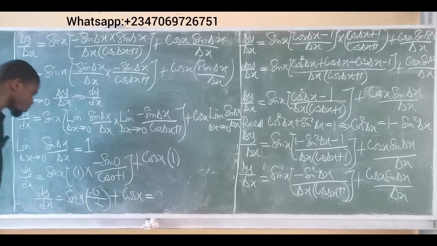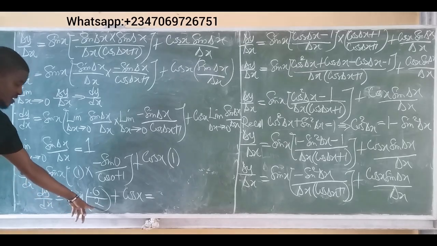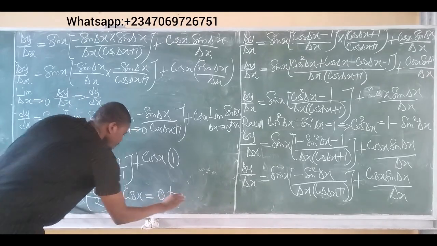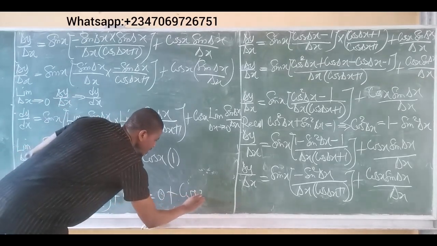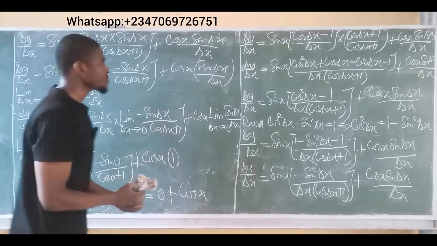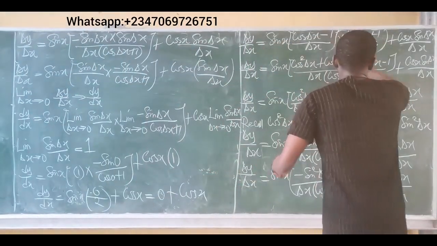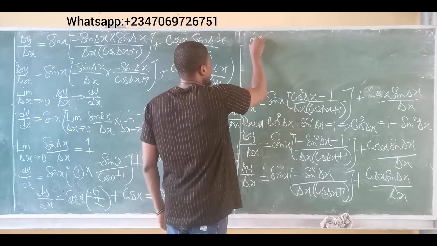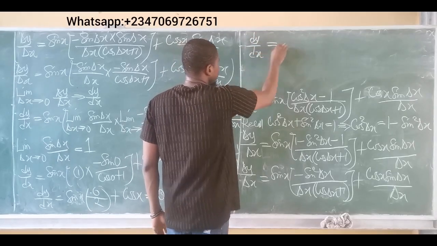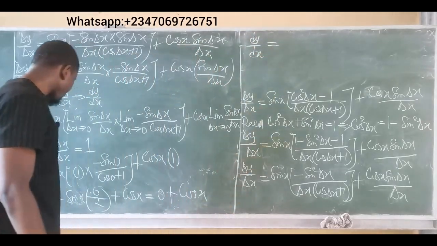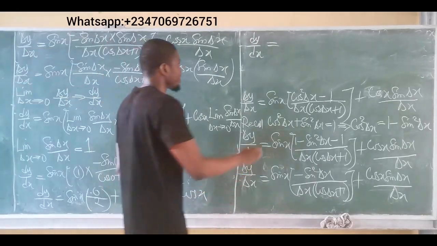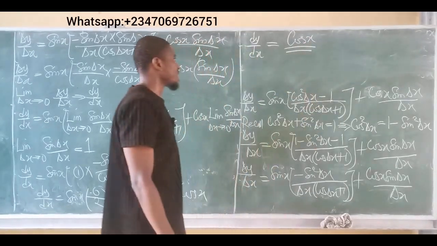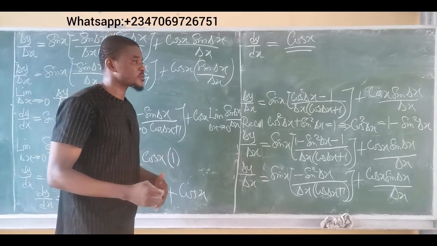So this is equal to 0 over 2, which is 0, 0 times sine x is 0, so I have 0 plus cos x. So from here, it is clear that dy all over dx is going to be equal to 0 plus cos x, which is cos x. So if y is equal to sine x, dy dx is equal to cos x.